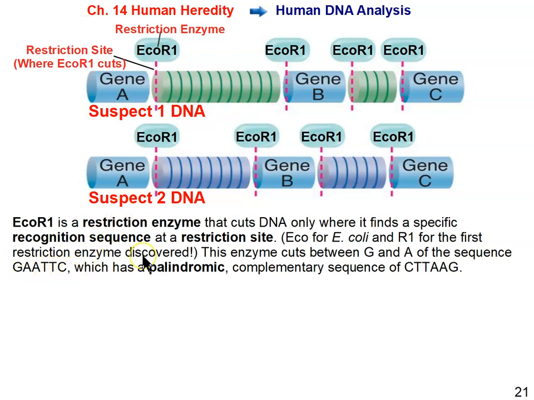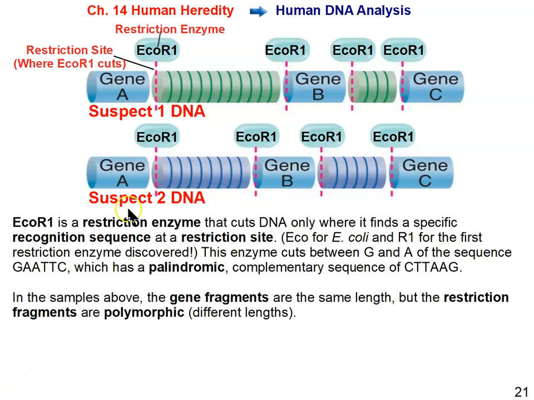So that's how these recognition sequences tend to be. They tend to be palindromic. And that's important because then both strands get cut. The restriction enzyme will find the same sequence, even though one of them is backwards to the other. It will still cut between the G and the A of both sequences on both strands of the DNA, both polynucleotides.